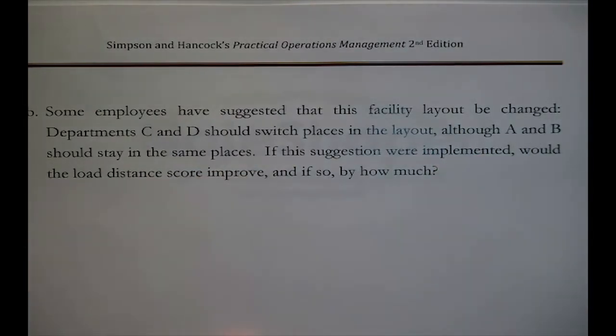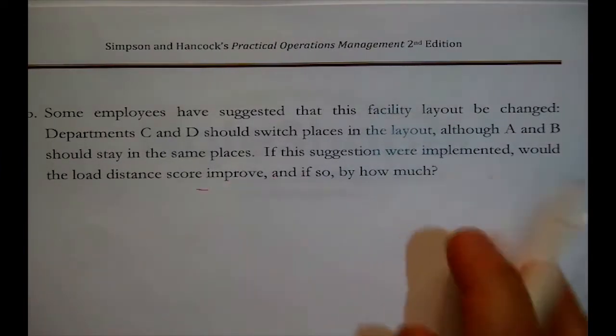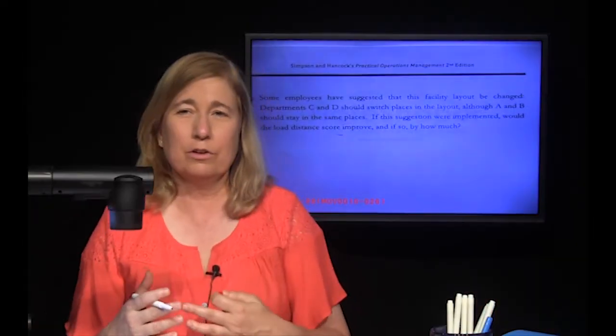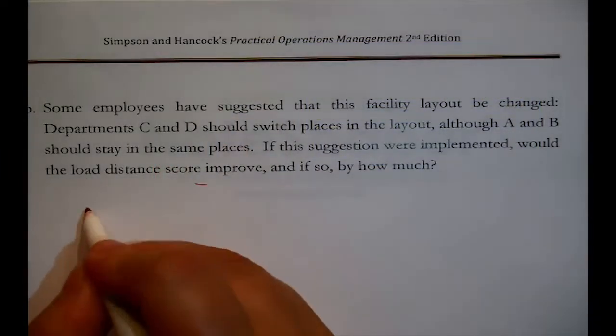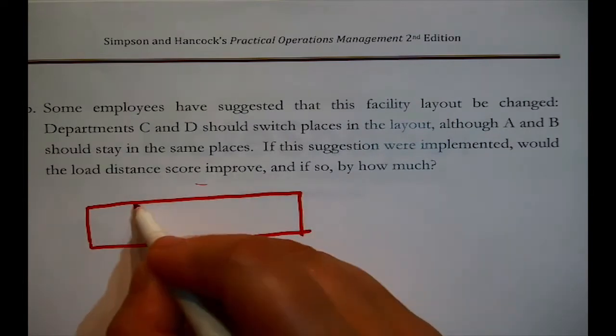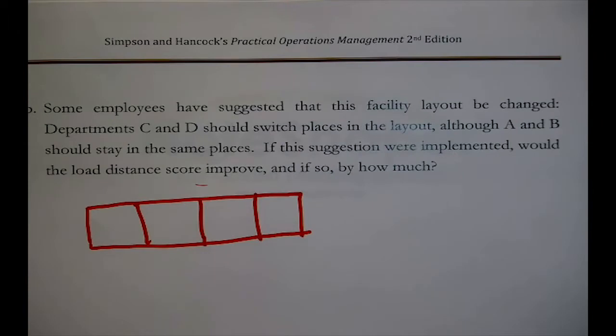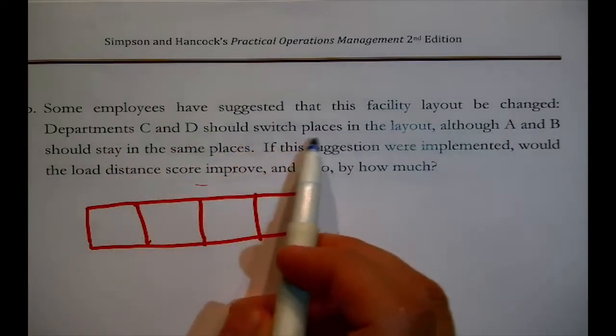If this suggestion was implemented, would the load distance score improve, and if so, by how much? The best way to handle this, and what I would do, is just draw it. It's a long, skinny building. There's 4 compartments.